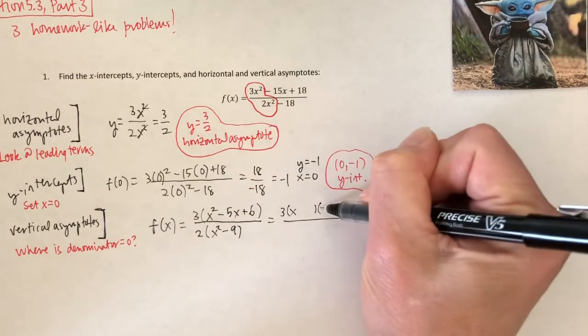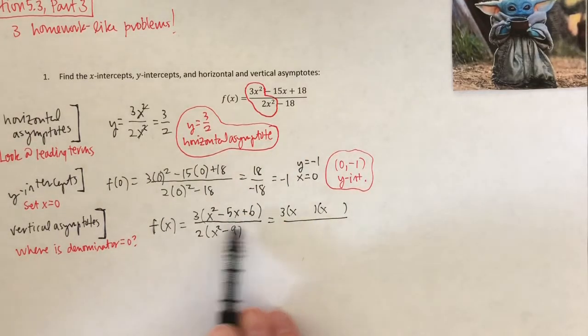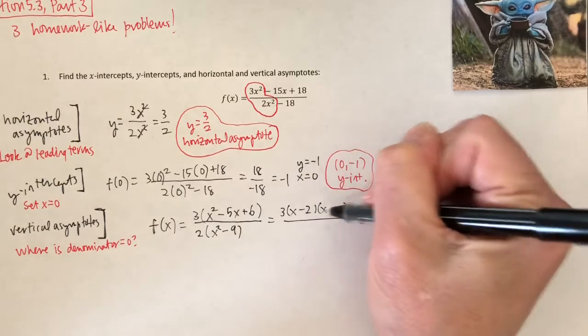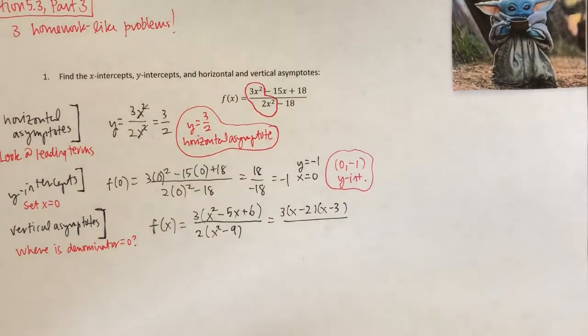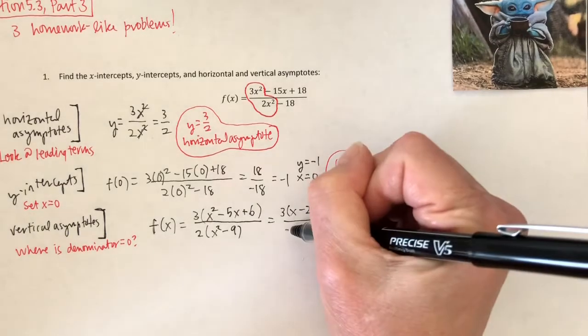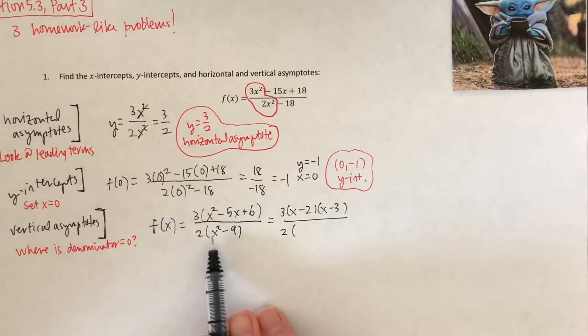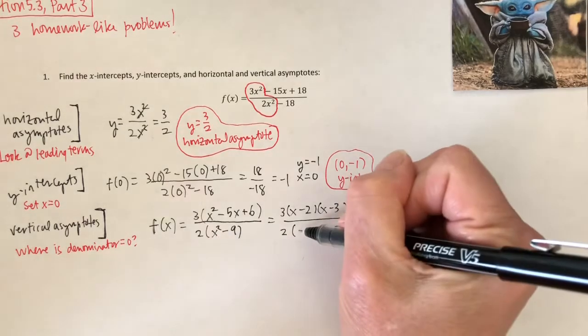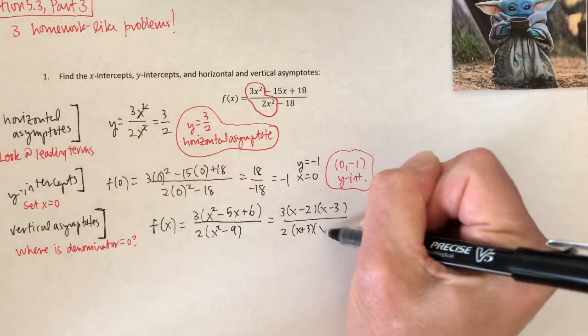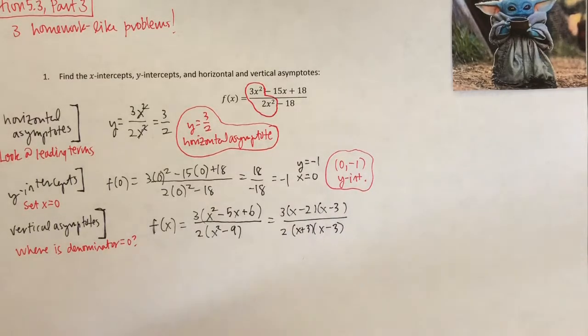Let's see, this would be x and x, multiply to 6, add up to negative 5: x squared minus 3x minus 2x plus 6. That looks good. This is the difference of two perfect squares, and so it always factors the same. This will be x plus 3, x minus 3.